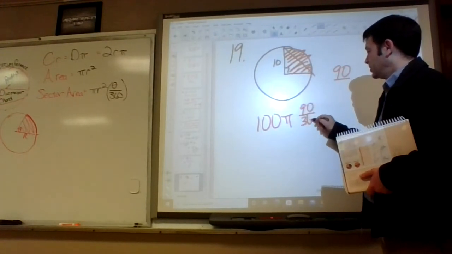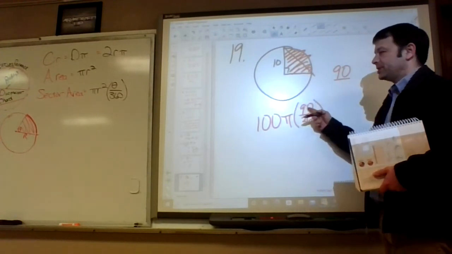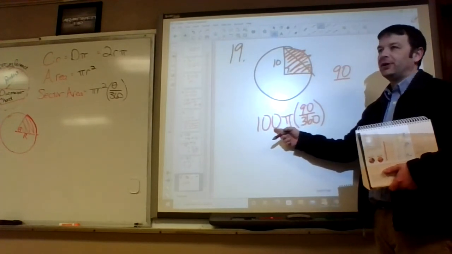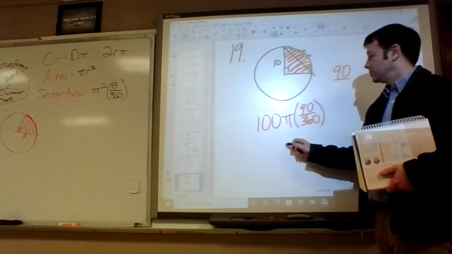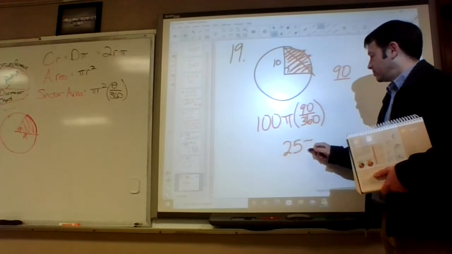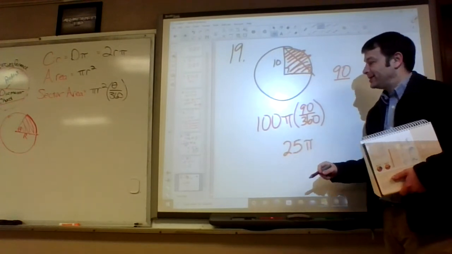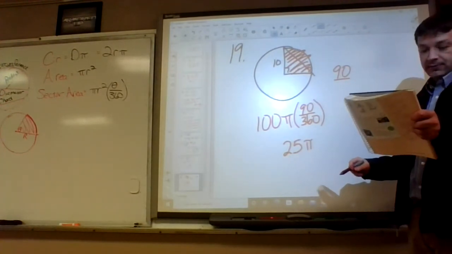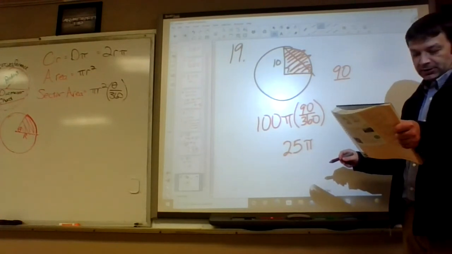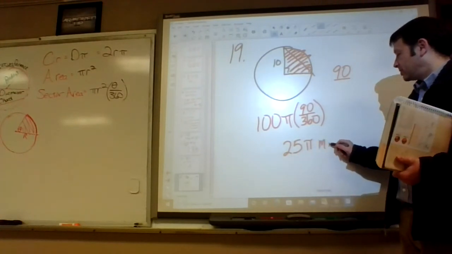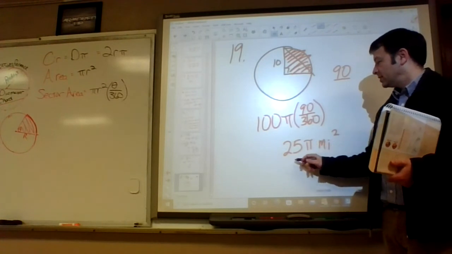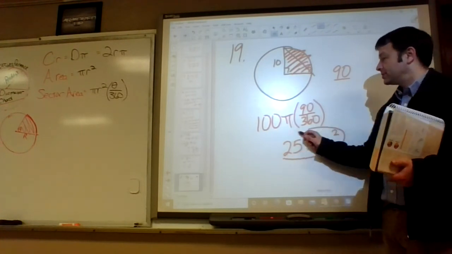You don't really have to reduce it. You could plug this in, but what's 1/4 of 100? 25. So 25 pi is the sector area. I guess it's miles? Yeah, square miles. That would be one of our answers.